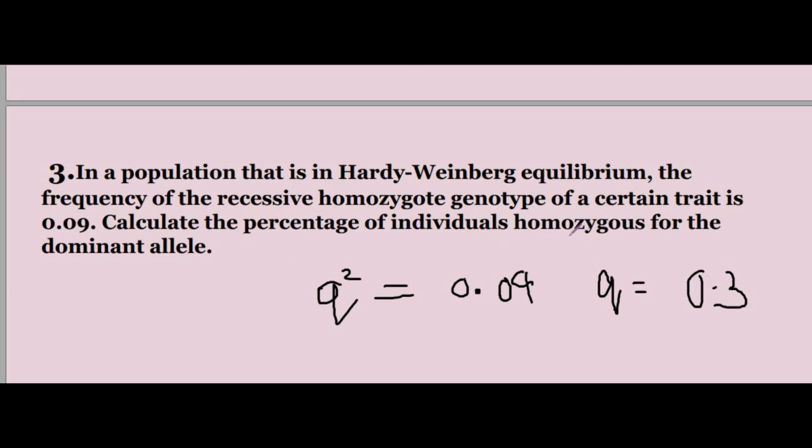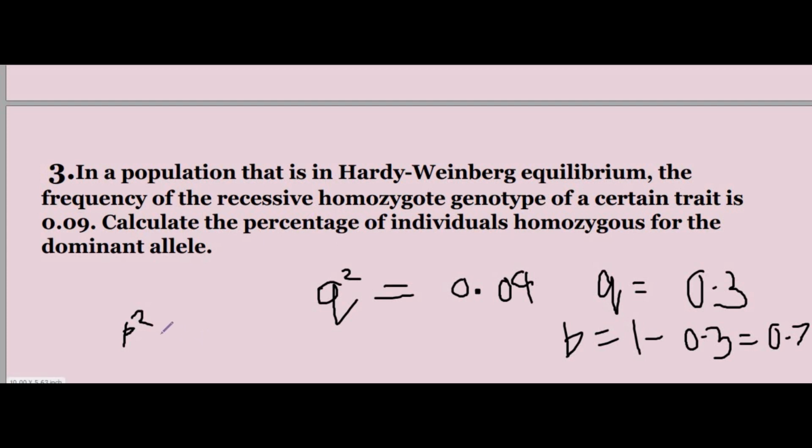And what are we asked? The percentage of individuals homozygous for the dominant allele. So what is it asking? It is asking the value of p square, because this represents the frequency of the homozygous individuals for the dominant one. So we have to calculate the value of p, which is equal to 1 minus 0.3, which will come out to be 0.7.